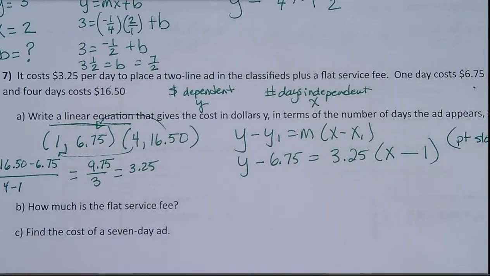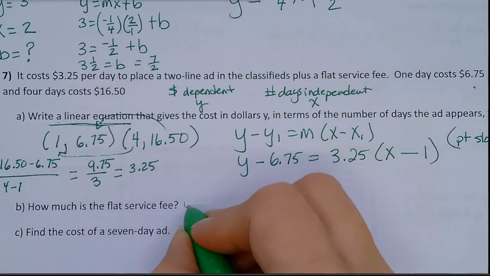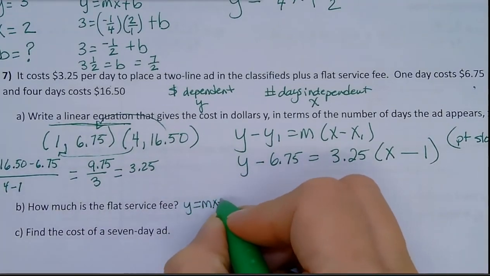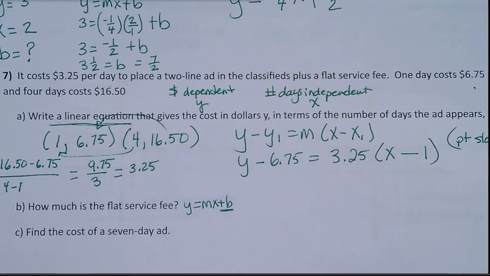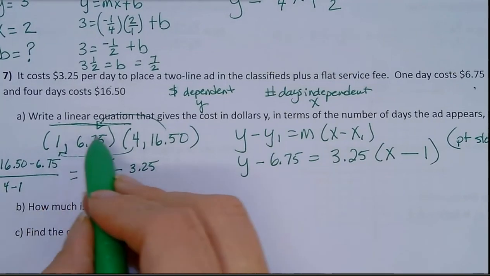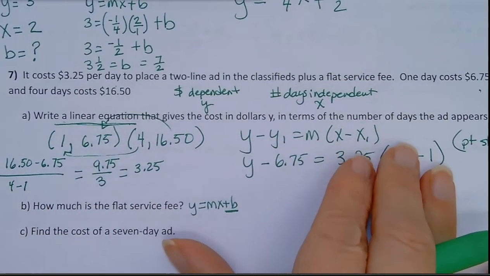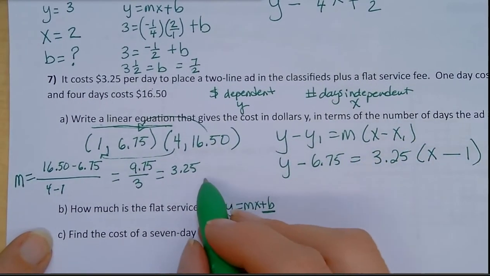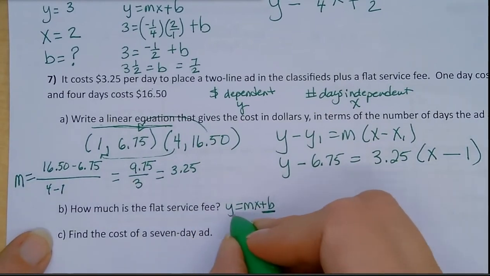Okay, how much is the flat service fee? Well, if I want the flat service fee, I need to be thinking y equals mx plus b, right? The b amount is going to be my flat service fee. So I have a couple of different ways that I can do this. I'm going to go ahead and solve for b. So I'm going to use my x and my y and my slope of 3.25, and I'm going to plug all of that in.